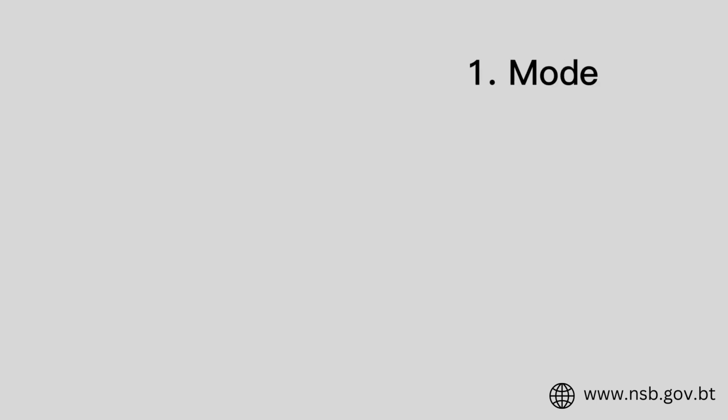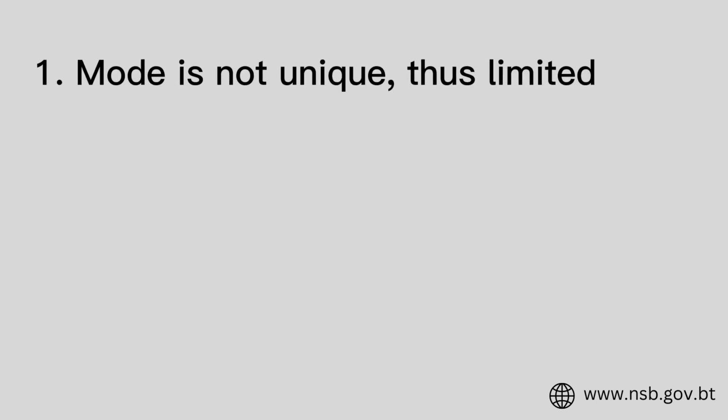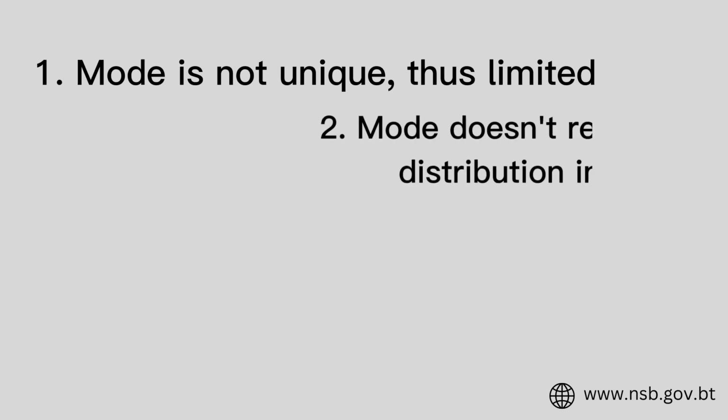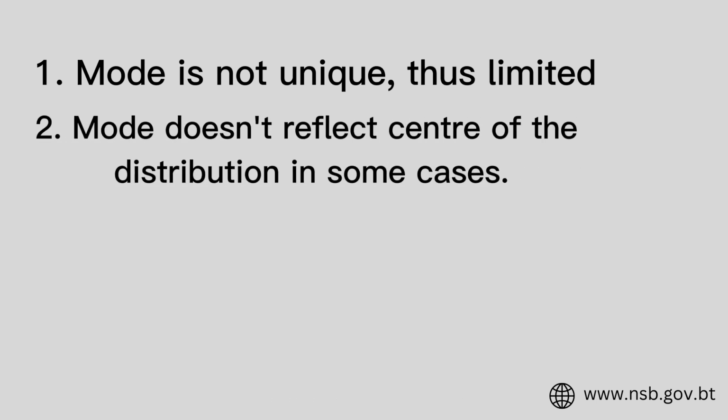Number 1. Mode is not unique, meaning a dataset can have 2 or more values that share the highest frequency. In such a case, a single value cannot be identified to describe the distribution.